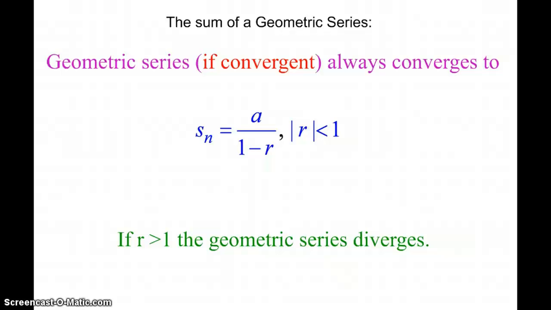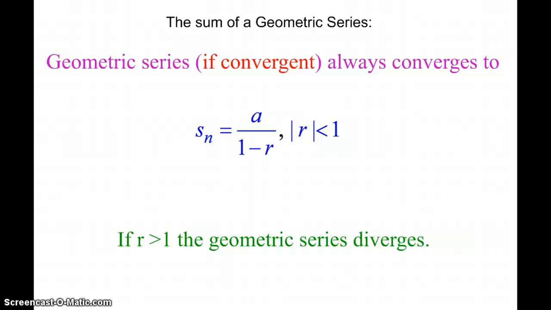Lots and lots of times on our series, the best that we're going to hope to do is to be able to determine whether it converges or diverges, not what its exact sum is. So being able to find the exact sum of a series is going to be pretty powerful for a lot of tests that we're going to run. This is a great set of series and nth terms that we can use for comparisons and so forth, and you'll see that as we move through this work.